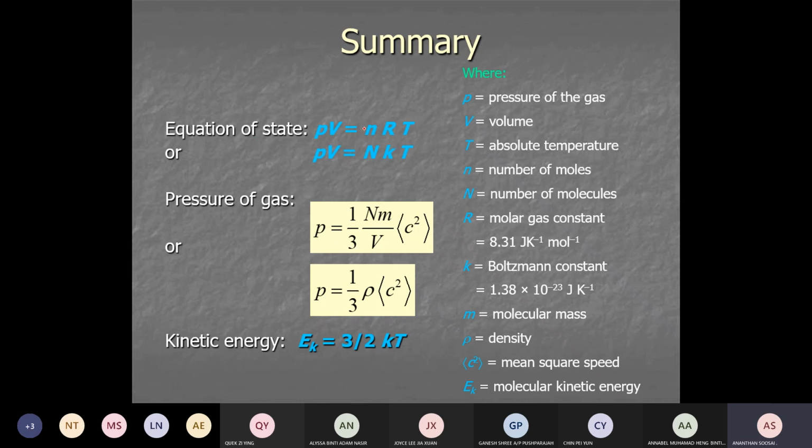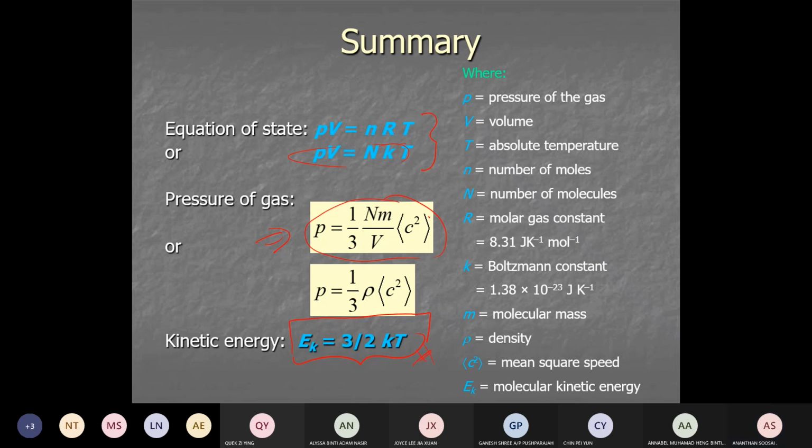This is a summary of what you learned. The equation of state is PV = nRT and PV = NkT. The pressure of a gas from the theory is P = 1/3 nmc squared and P = 1/3 rho c squared. By comparing PV = NkT with the theoretical equation, the big discovery is the kinetic energy of a particle, 3/2 kT, the highlight of the topic.